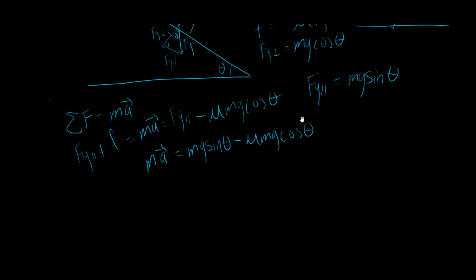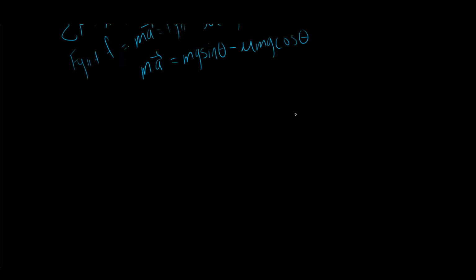This is good, very good. Because what we have here is, I'll rewrite it like this. Mass times acceleration is equal to mass times g sine theta minus mu g cosine theta, right?